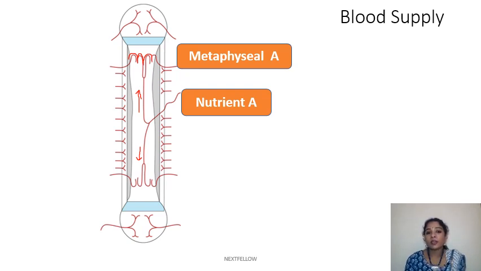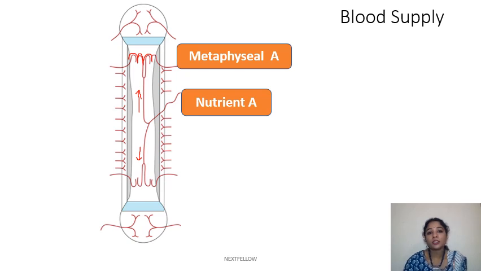Clinically, this part is often prone to infection, because the blood pools there for a longer time. If the pooling of blood is more, there is a greater chance of spreading infection in that metaphyseal area.